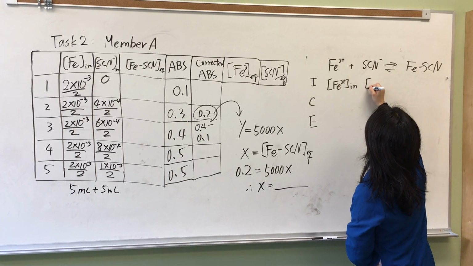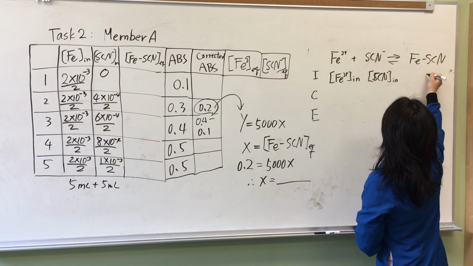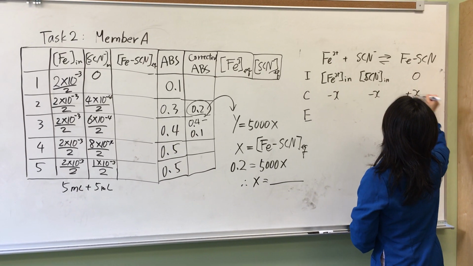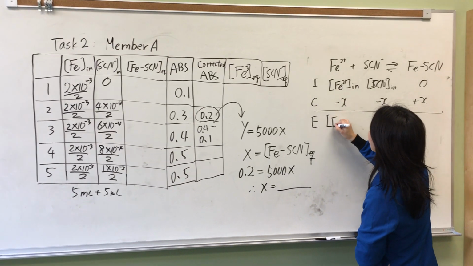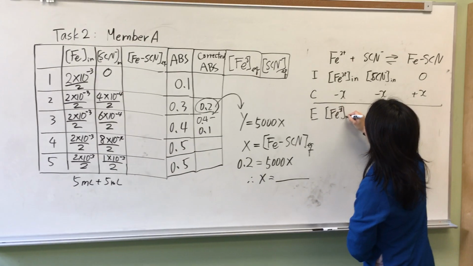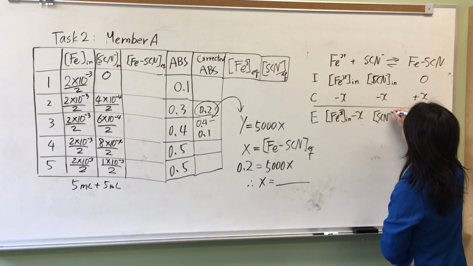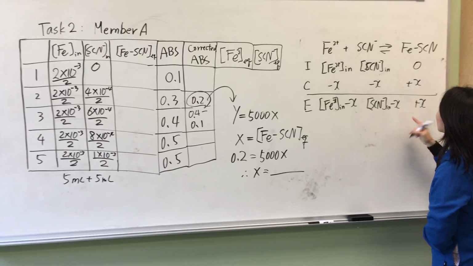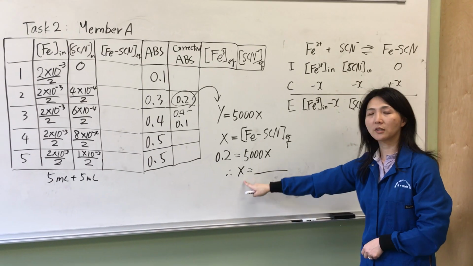You have the initial two concentrations you start with, and this one is 0, and then the change we don't know. So the concentration at equilibrium for the iron is going to be initial minus x, and thiocyanate is thiocyanate initial minus x, and this is x. The product concentration is x. This x equals this x.